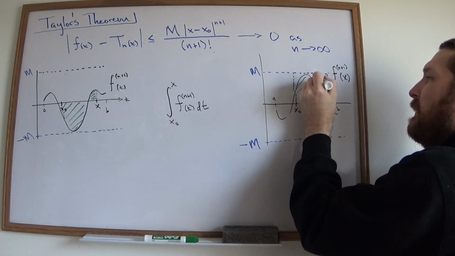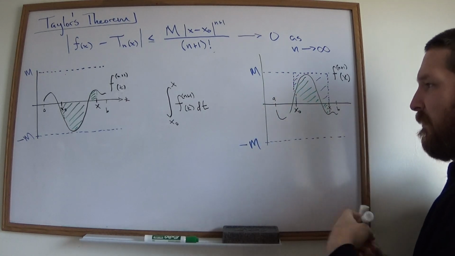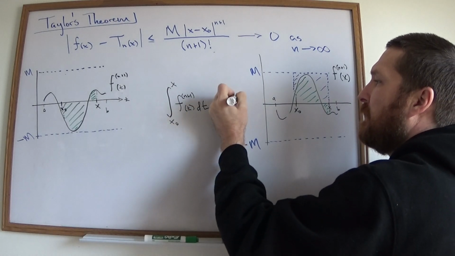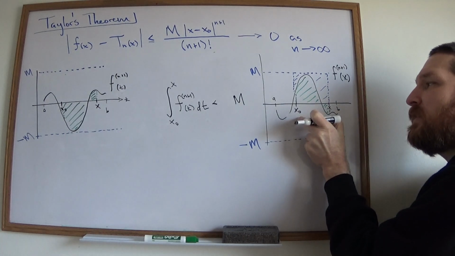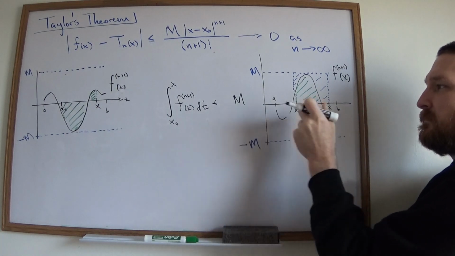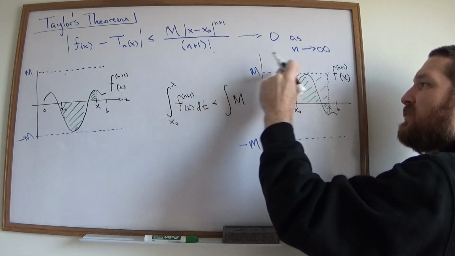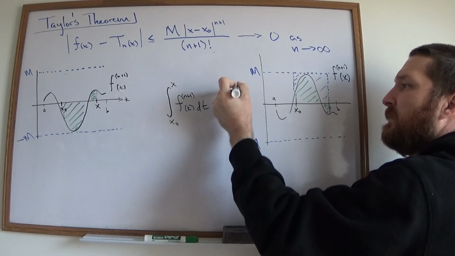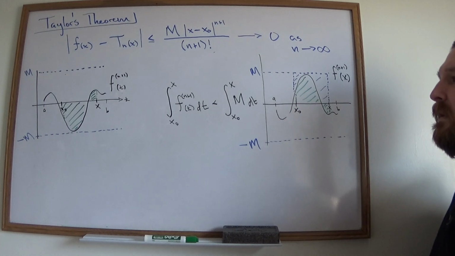So in other words, this thing has to be less than M times that interval. Or if we want to do it as an integral, think of M as just a constant function, and then the area would be the integral from x0 up to x of M dt, like that.